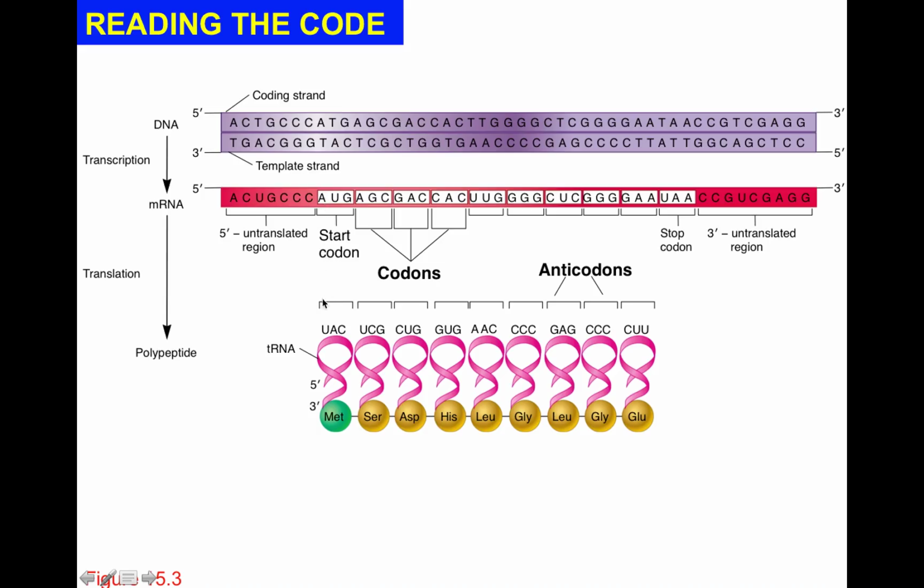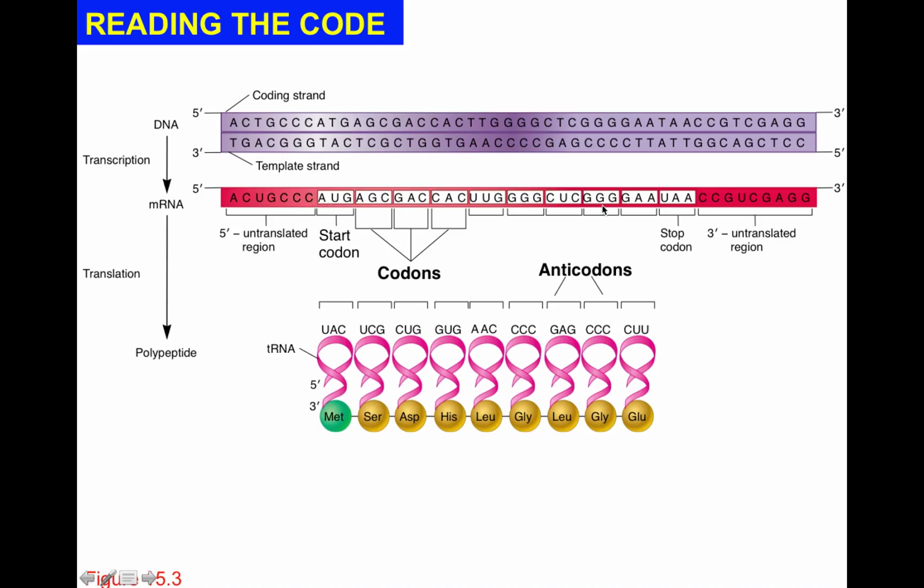So an A will base pair with a U, and a G will base pair with a C. The start codon sets the reading frame for the rest of the sequence of the messenger RNA, of the protein. Each triplet codon that follows encodes one amino acid until you reach the stop codon, which doesn't encode any amino acids.